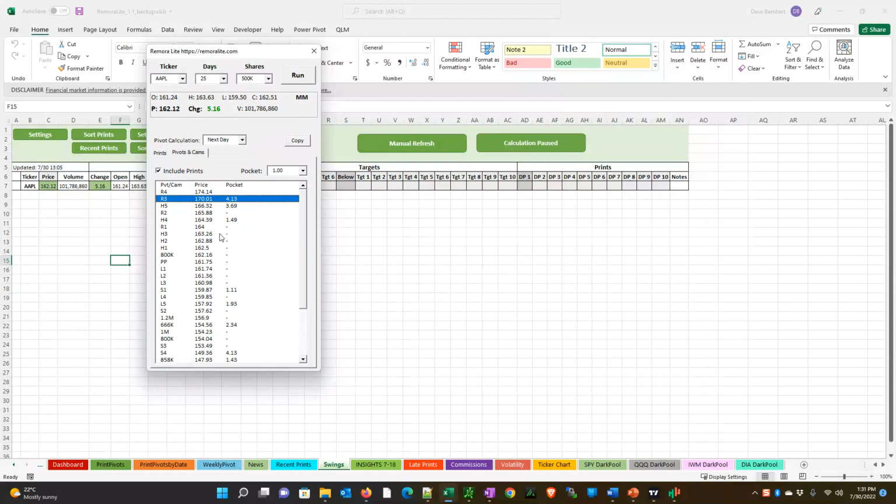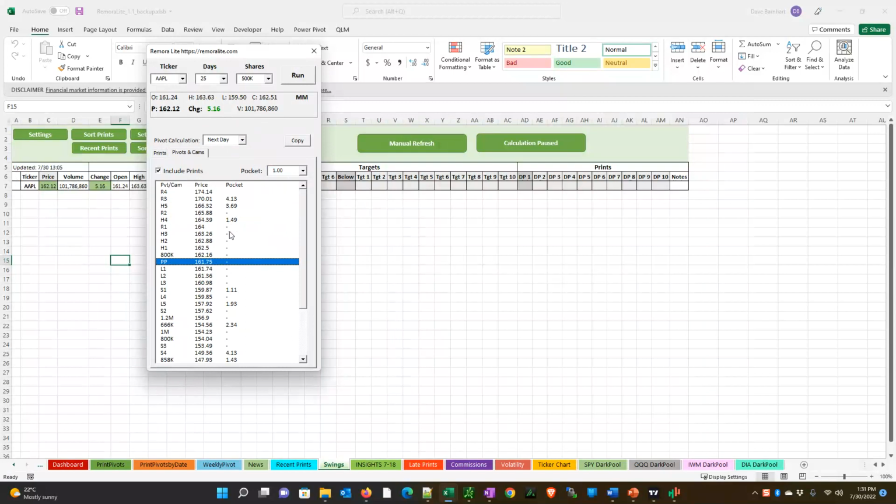But on the other hand, if we're super bullish, well, there's R2 at 165, and there's the pivot at 161. You might take a swing and sell a put where you get a credit, right? So you know where these are.